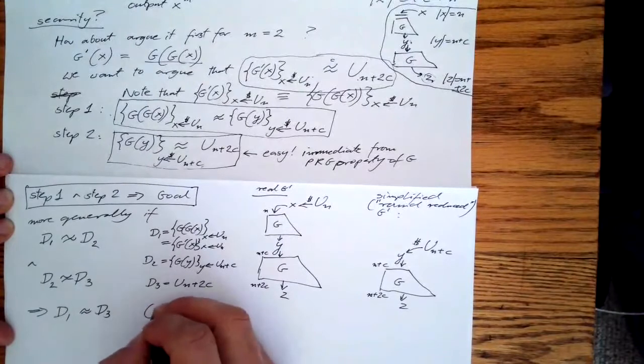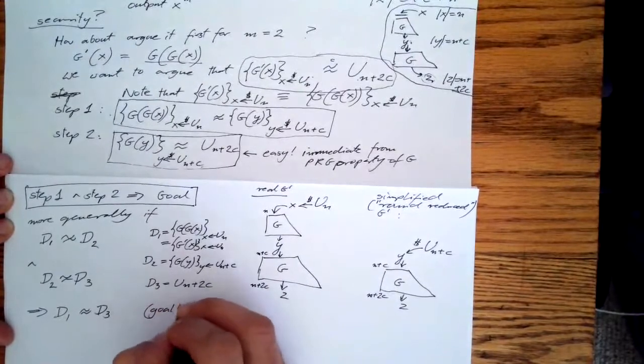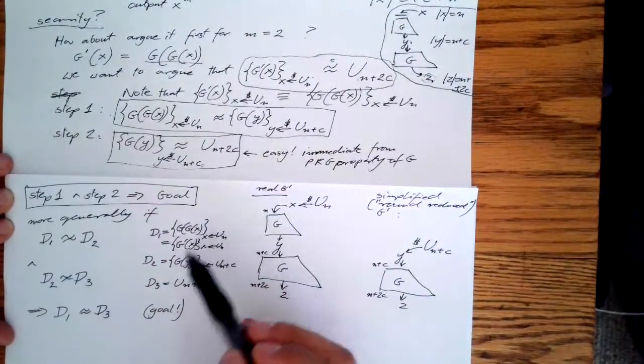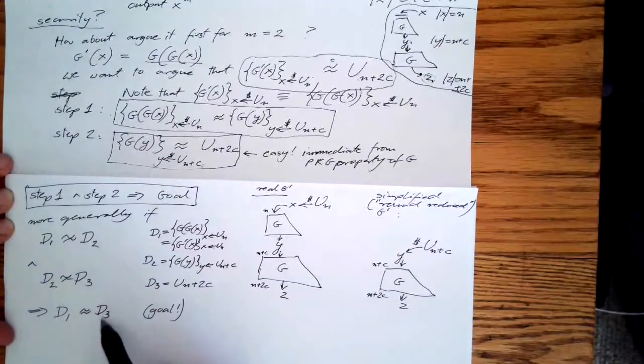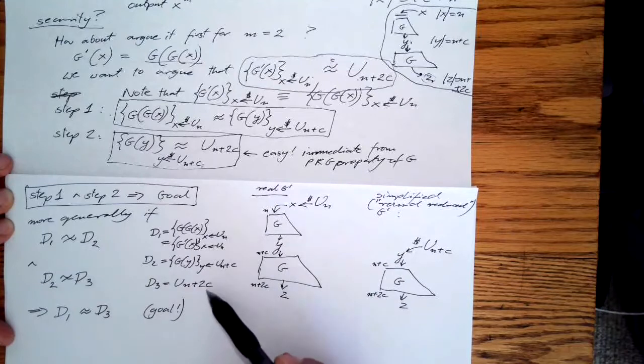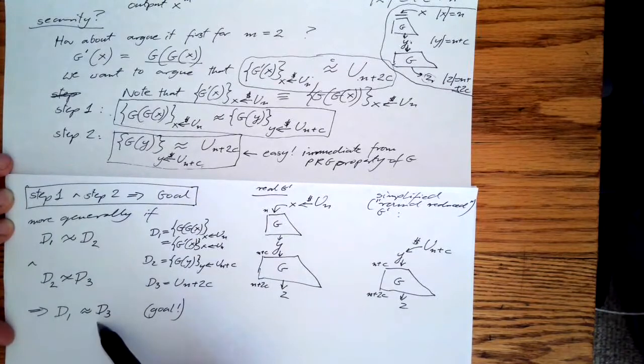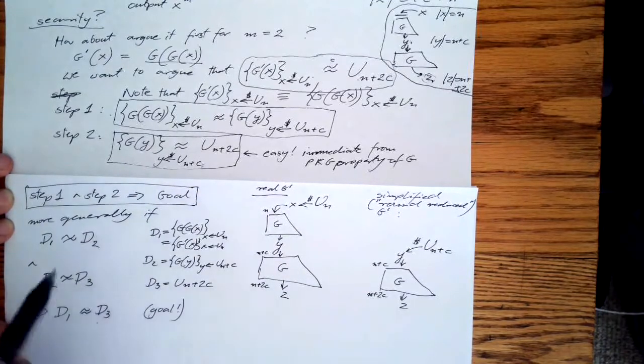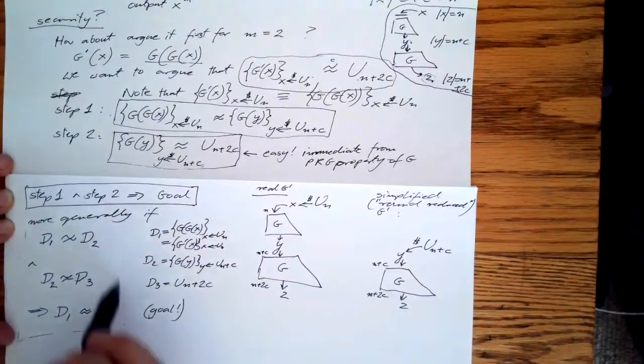To show that D1 is indistinguishable from D3 is to show that G prime outputs are indistinguishable from truly random bit strings of length n plus 2c. So that's what I wanted. This is what I would get from step 1, this is what I would get from step 2, and I'm claiming that this works in general.